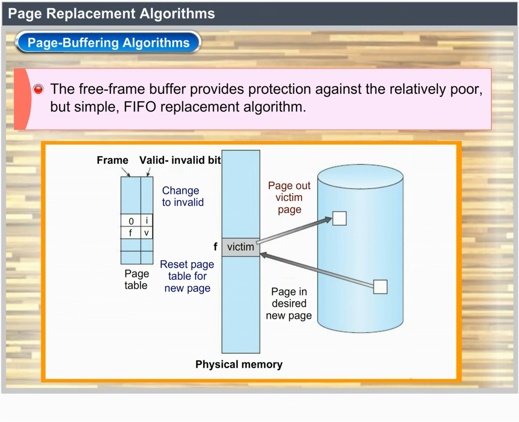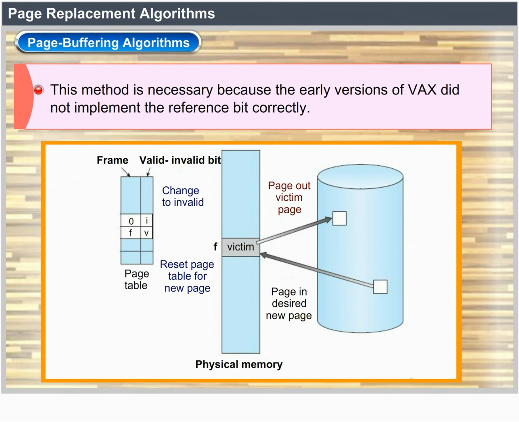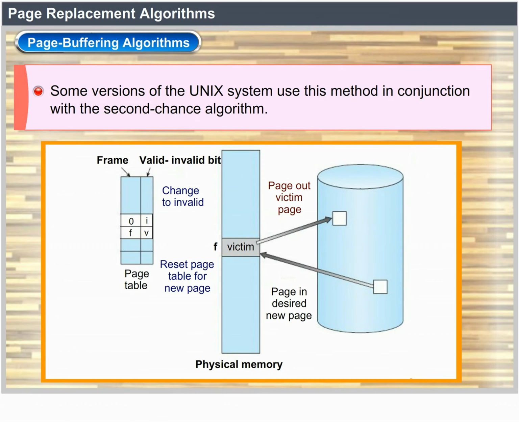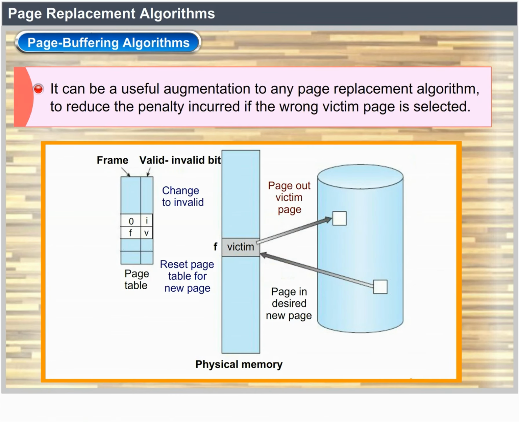This method is necessary because the early versions of VAX did not implement the reference bit correctly. Some versions of the Unix system use this method in conjunction with the second chance algorithm. It can be a useful augmentation to any page replacement algorithm to reduce the penalty incurred if the wrong victim page is selected.